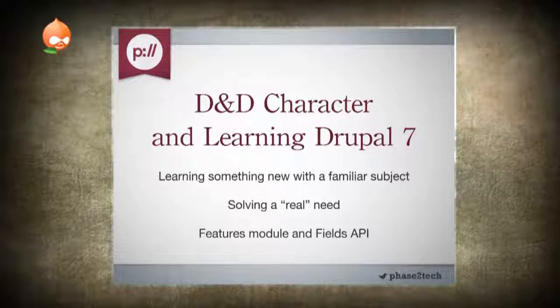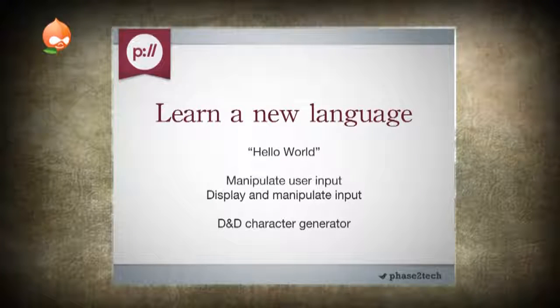So learning the Fields API, there's certain milestones that I think are pretty typical every time you learn any new thing, whether it's a new language, whether it's building your first module. It's always that first hello world, just outputting anything. So that's sort of the first milestone with anything.